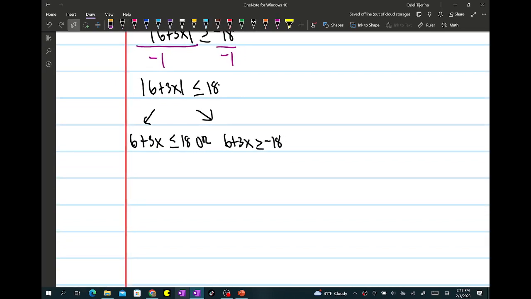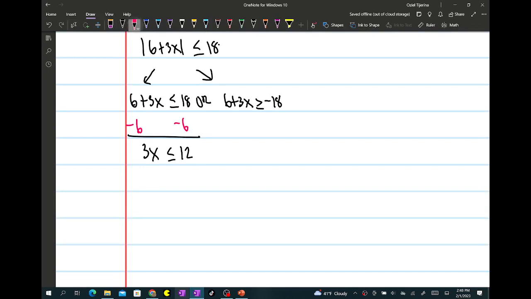Okay, so then we get minus 6 here. So we're going to do minus 6 on both sides. We get 3x is less than or equal to 12. And then we're going to divide both sides by 3, and we get that x is less than or equal to 4.